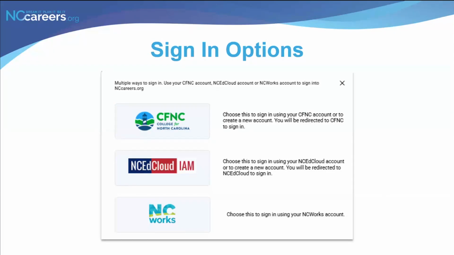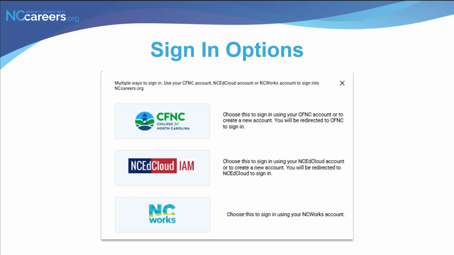Currently on NC Careers, there are three sign-in options. The one on the top, CFNC: anyone can create a free CFNC account and it lasts indefinitely. Some younger job seekers may already have CFNC credentials that they can use to log into NC Careers. The second, NC EdCloud: students who are in the K through 12 public education system can use their existing NC EdCloud credentials to access NC Careers.